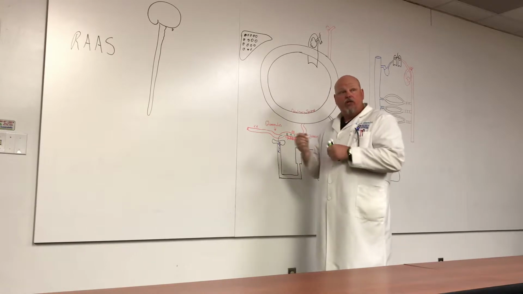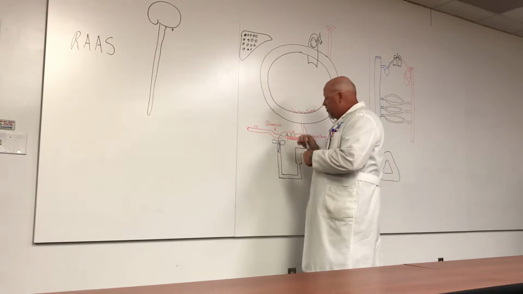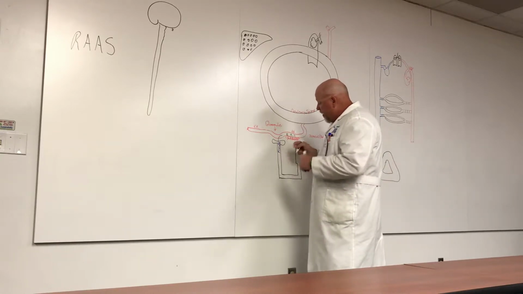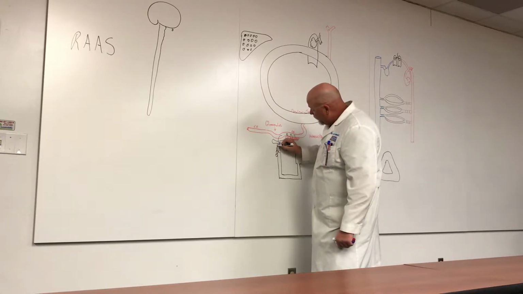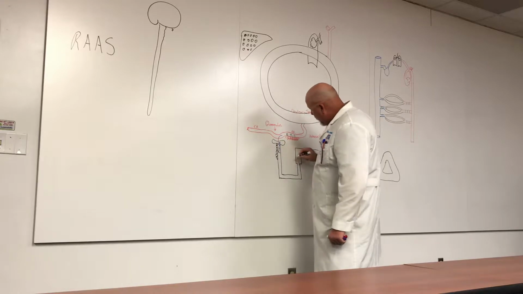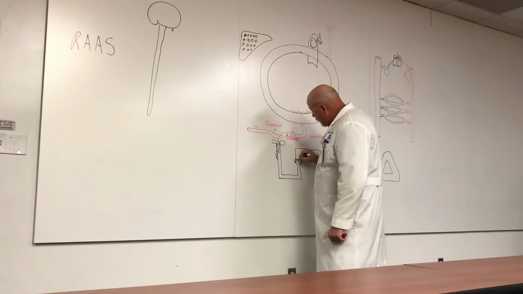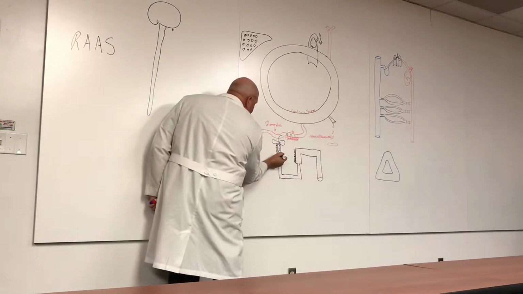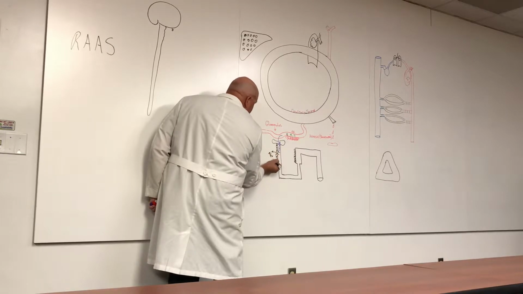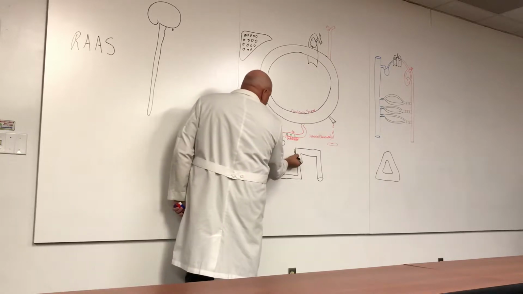Remember, filtration occurs under pressure, right? So then we have, in the lumen of this nephron, these cells here, and these cells are responsible for removing sodium. So they take sodium out of the filtrate.